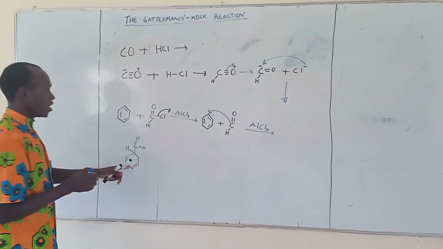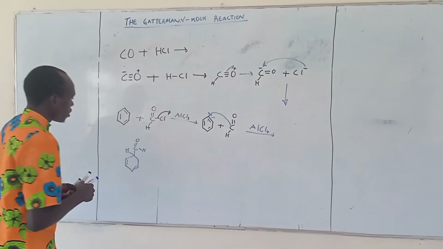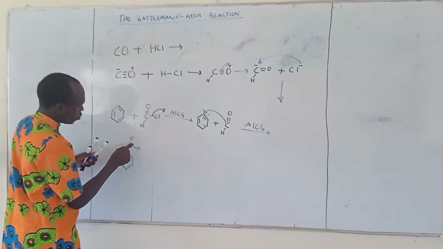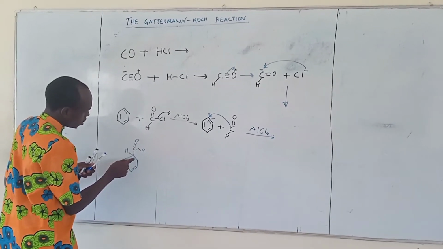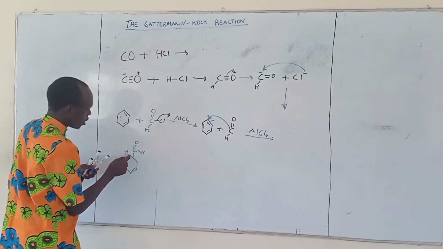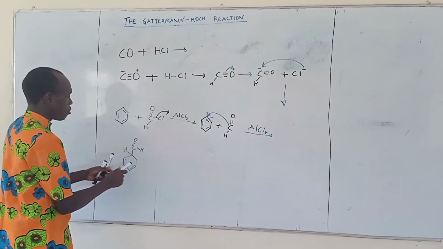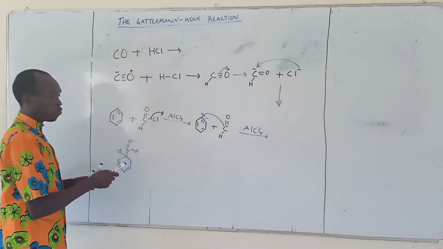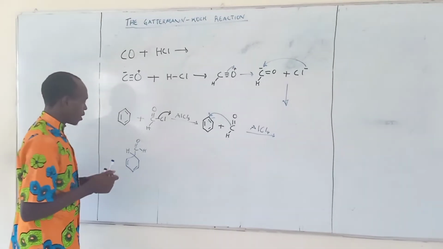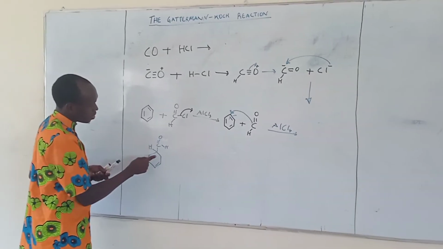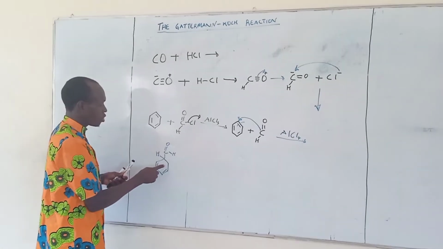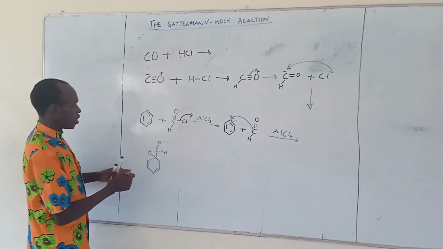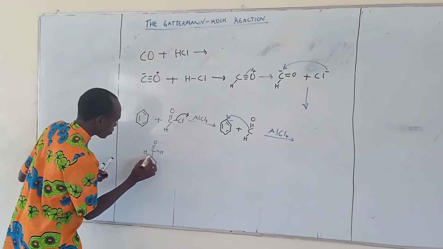Now this carbon is having 1, 2, 3, and 4 bonds, so this is stable, but you need to know that this benzene ring will strive to reinstate its aromaticity. Remember that this benzene is now not an aromatic compound because it is lacking a double bond here. So this bond will collapse.